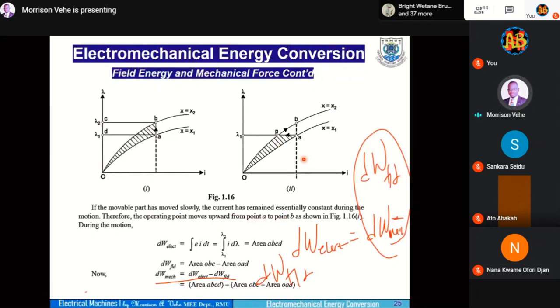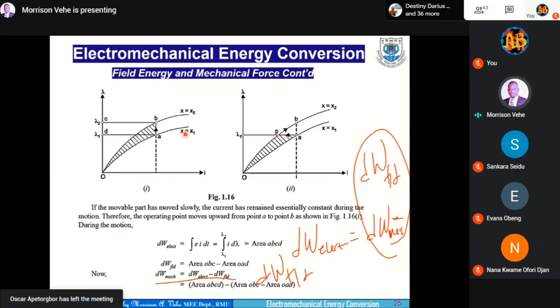This is actually moving from A to a certain point P, but in the previous one you have A moving to B. So if our operating point moves upwards from point A to point B, as we have in this figure, during the motion.